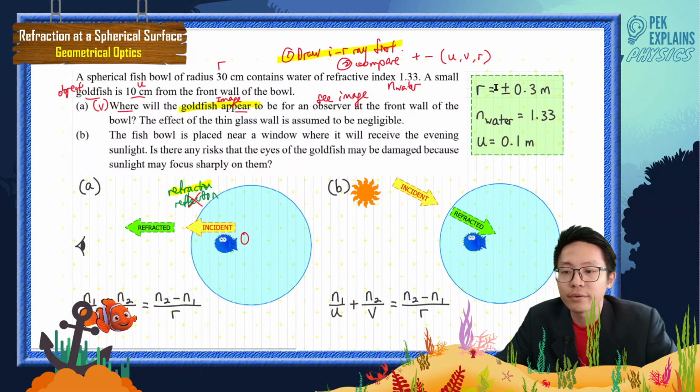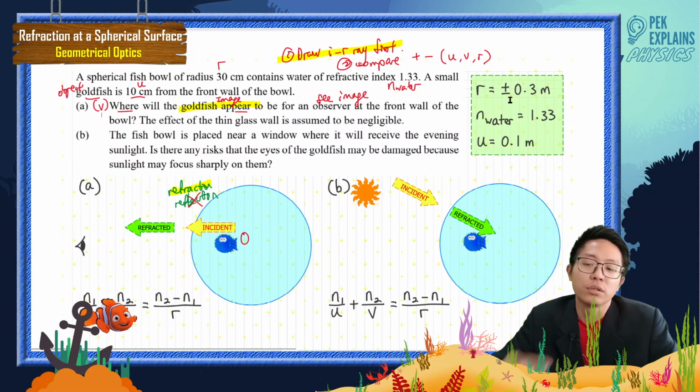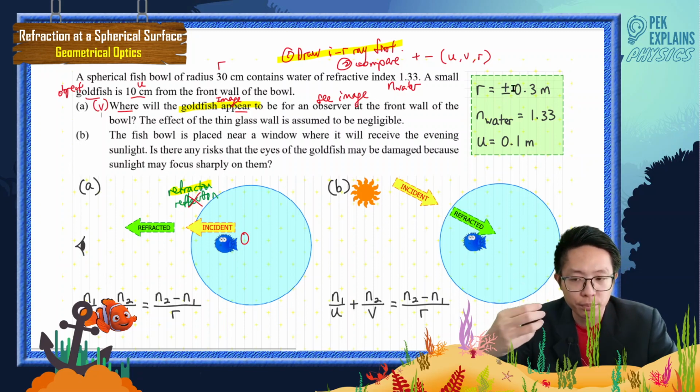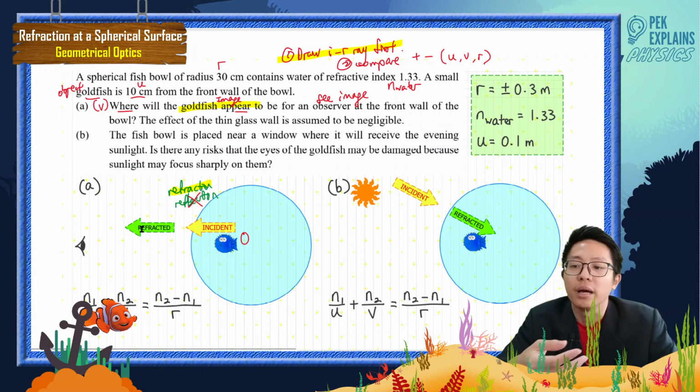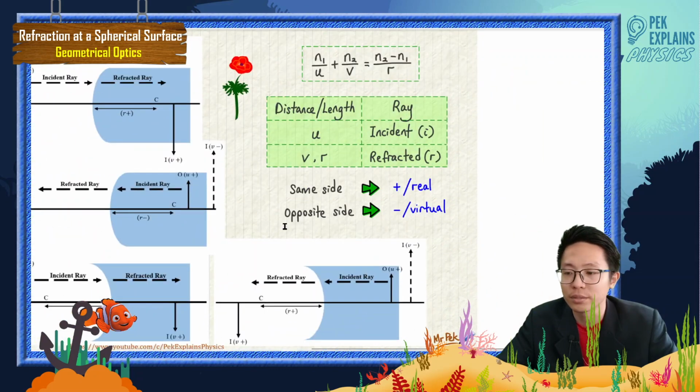So the radius, either I put positive or negative. We don't know yet whether we put positive or negative. How do we know? Compare with the refracted ray. If same side as the refracted ray, positive. If opposite side to the refracted ray, the radius is negative. Remember that, this is what we learned before.